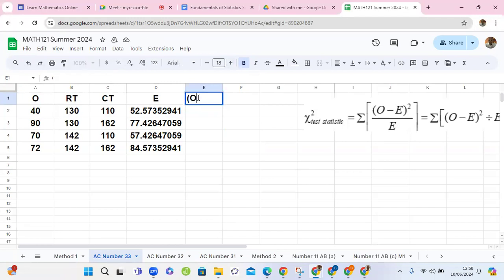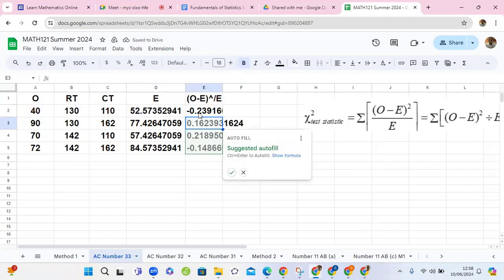So it's O minus E, all squared divided by E. So for this one, O is the 40 minus its expected, which is in D2, all squared divided by D2. See, there was a problem. There it is. Open a bracket right there. Control enter, sorry.